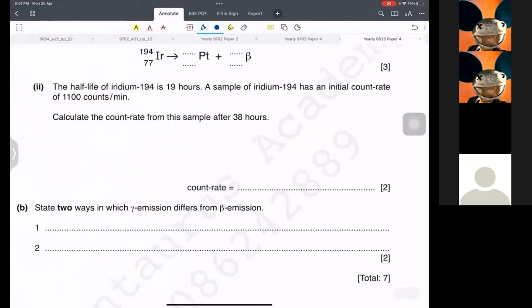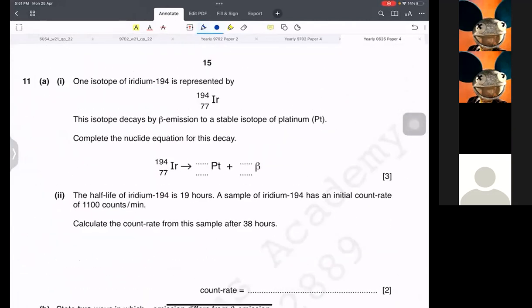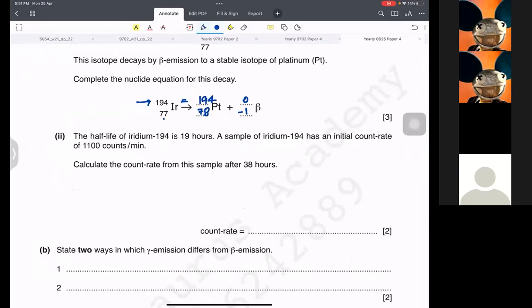Okay, then this is my favorite. So there is iridium and this, I don't know, platinum, okay, and beta. So you should remember beta is 0 minus 1. And then you add this row, 194 equals to x plus 0, so 194. 77 equals to this minus 1. So this should be 78. Then it balances, right? Then half-life of iridium is 19 hours. A sample of iridium has initial count rate this. Calculate a count rate after 38 hours. Now, I just want to tell you, first of all, we're going to divide 38 by 19.